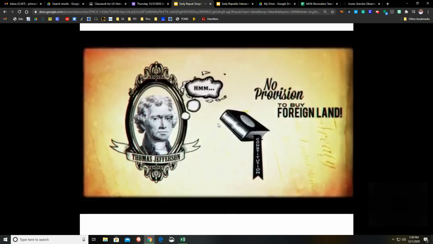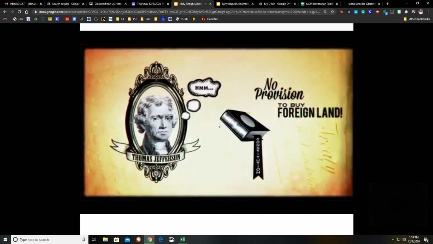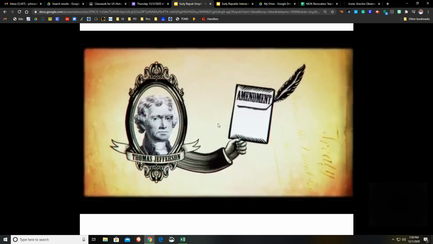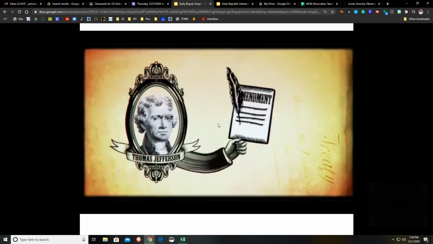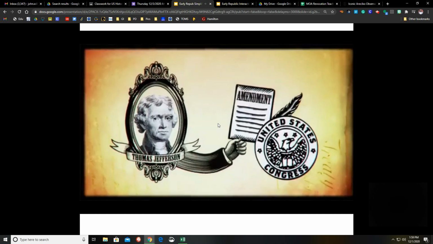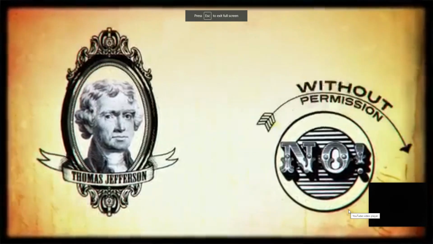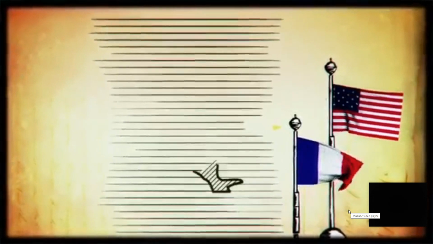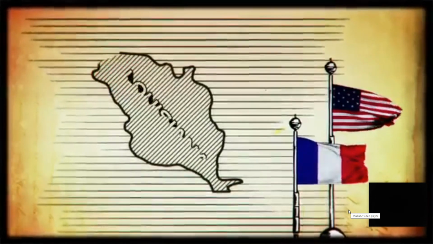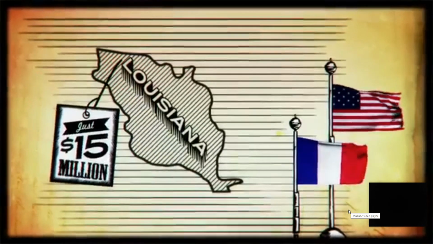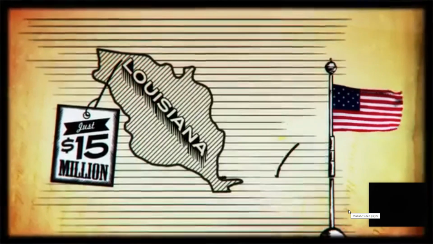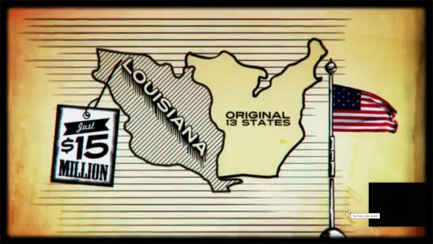So what was a strict constructionist to do? First, he tried to get an amendment to the Constitution passed that would expressly permit the purchase, but Congress wasn't willing to do it. Then, without permission, the U.S. negotiators in France cut a deal for all of the territory for a cool $15 million. That new land doubled the size of the nation.